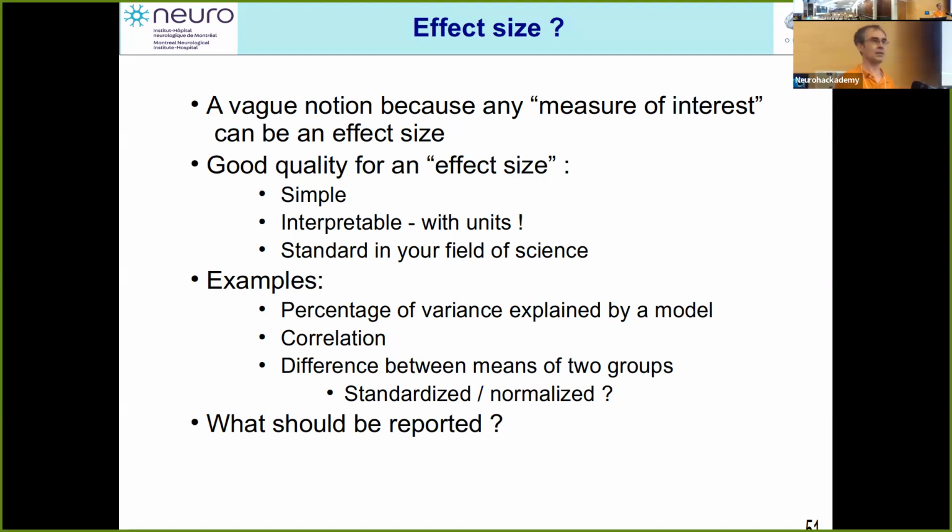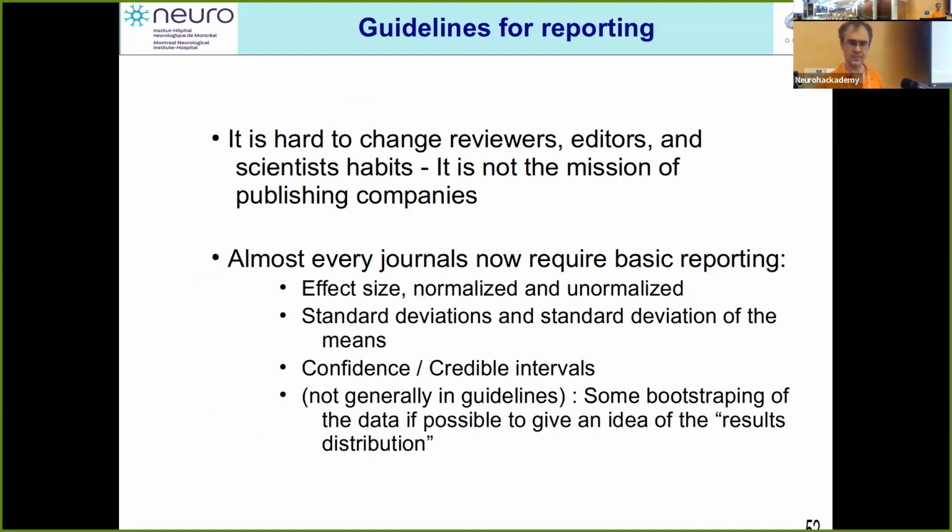So simplicity is definitely a quality for an effect size, and interpretability, and if possible with units, or think of what kind of units that thing has. And as much as you can, use what is standard in your field of science. Do not invent yet another effect size, or try to relate it to something that exists. So percentage of variance, correlation, of course, all those things.